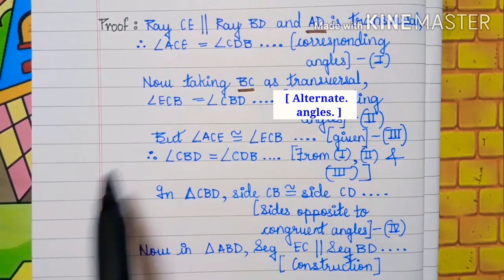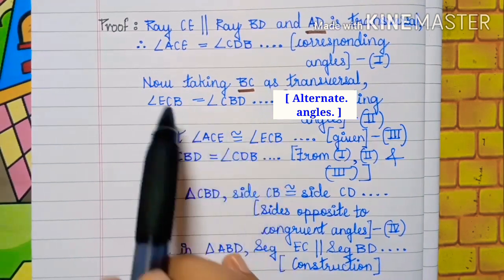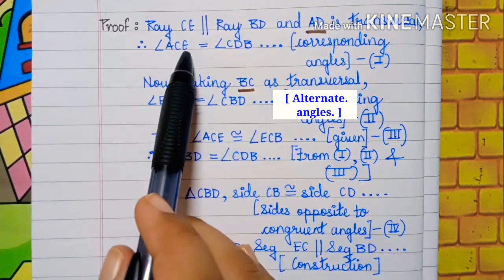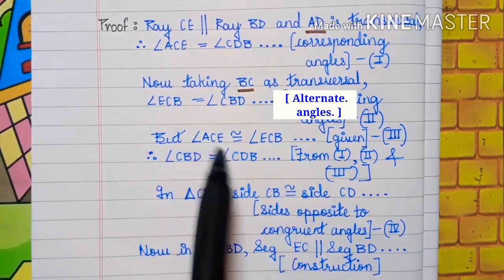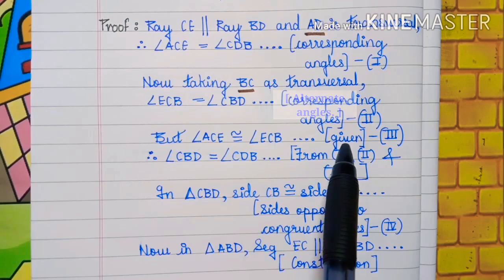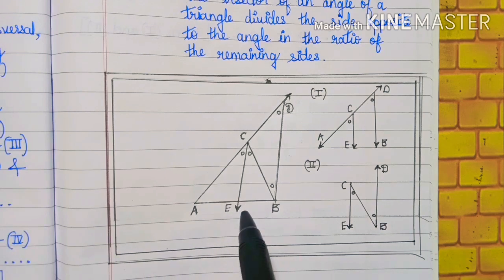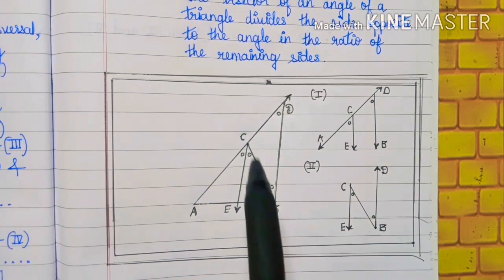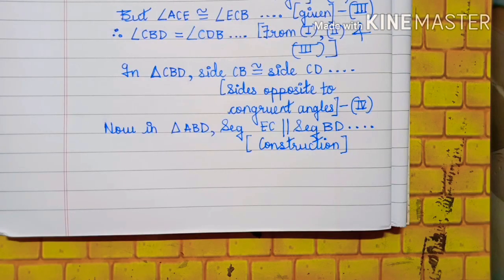After that, angle ACE and angle ECB are congruent, because the bisector bisects angle C into two parts, as given.